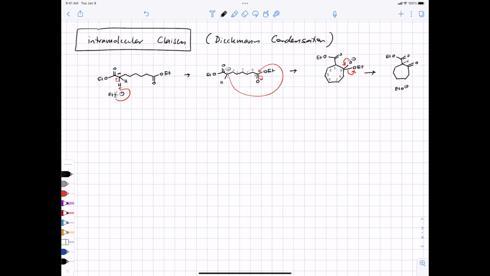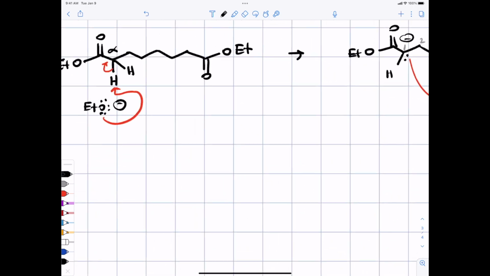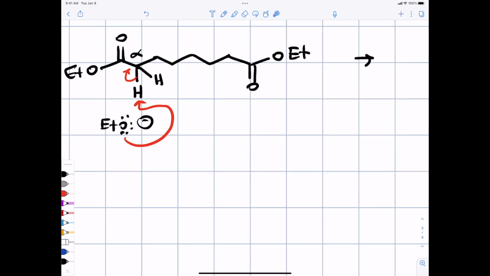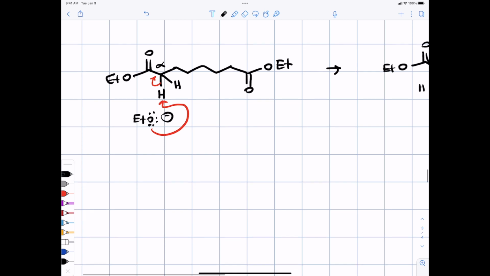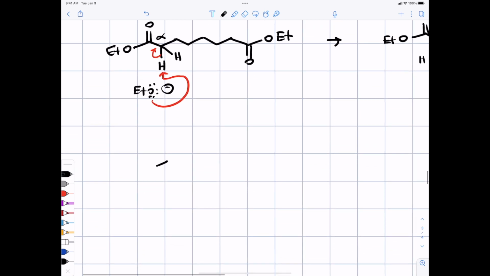Could you do this with an ester that's not terminal? By that, I mean, if we put something here that was not an ester, it would no longer be an ester. But you're thinking maybe other stuff here?